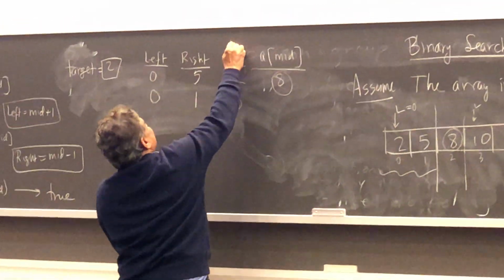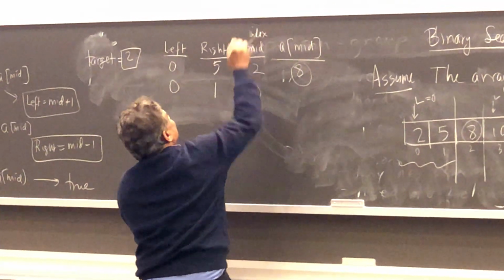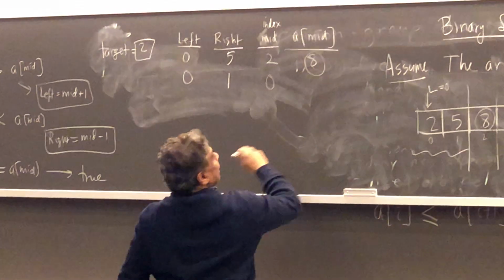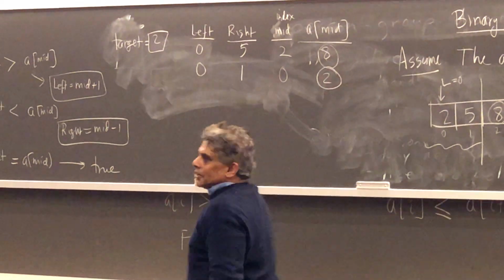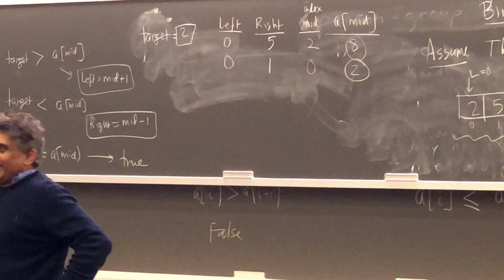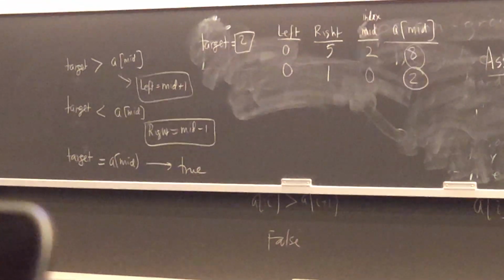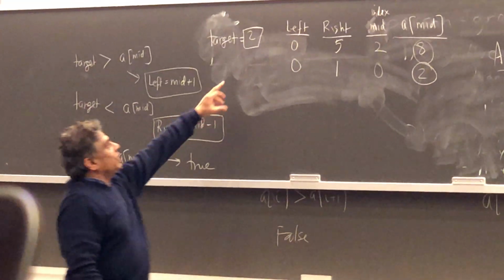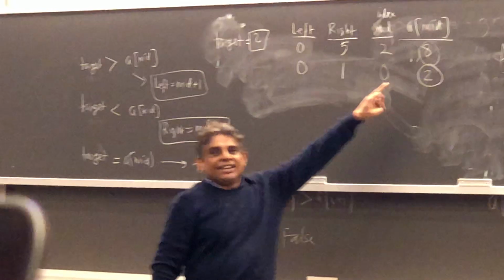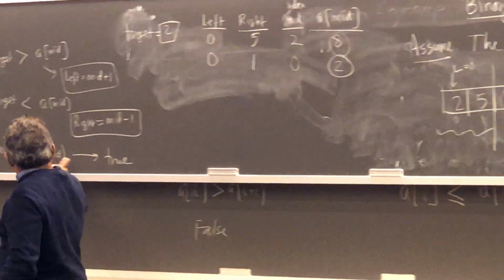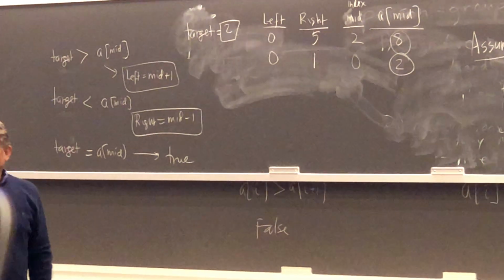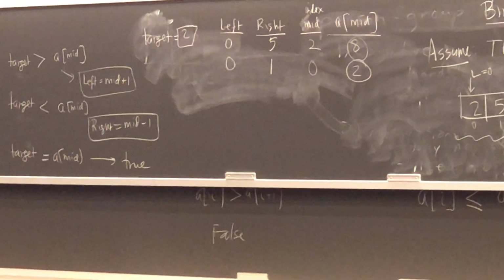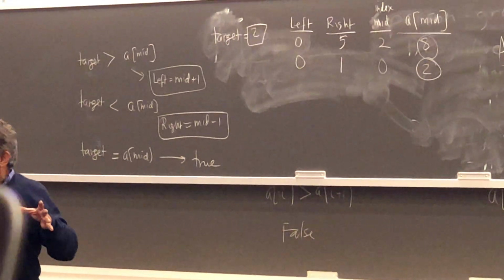So I should call this mid index so that you don't get confused. What is A of mid now? So that's the next compare element. So now at this point you say, oh, target is 2, A of mid is 2, let's return true. So my algorithm at least on paper worked, okay?